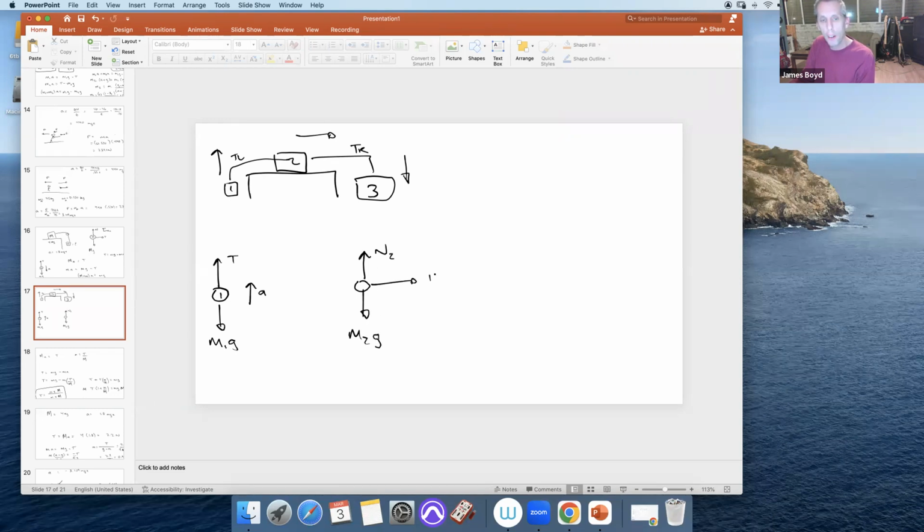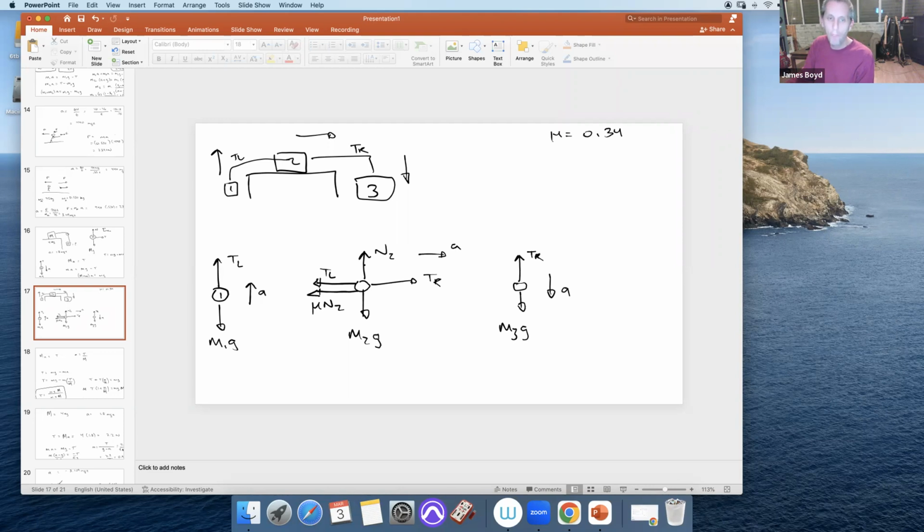I have TR, and I have T, sorry, I should have called this T left. And I have friction, which is mu N2. Remember that mu was given as 0.34. The masses are 1 kilogram, 2 kilograms, 3 kilograms. And A will go that way. And then finally, I have M3G, I have T right, and I have A down.